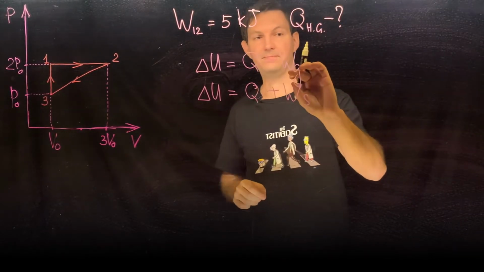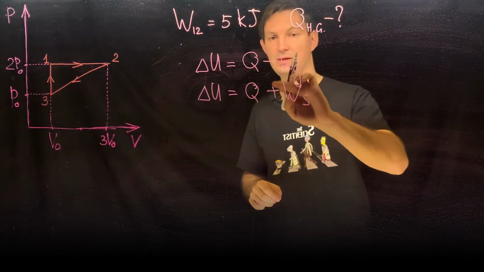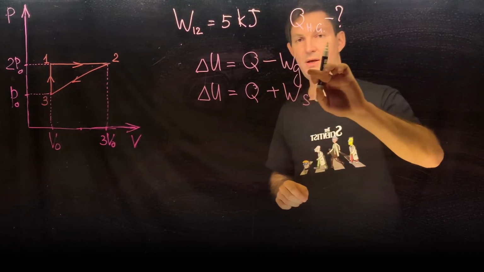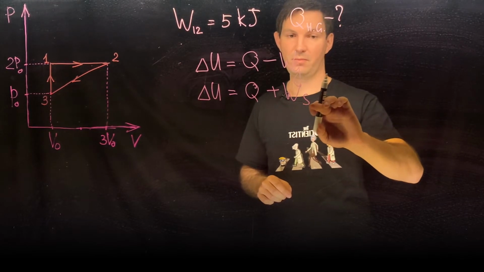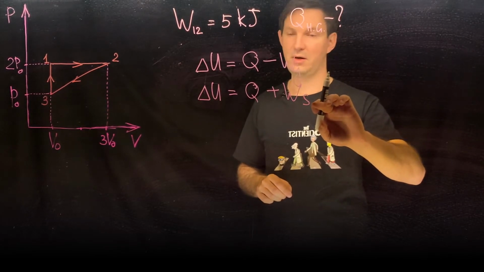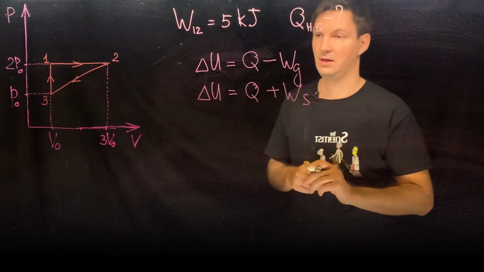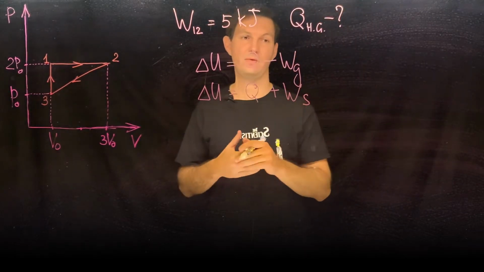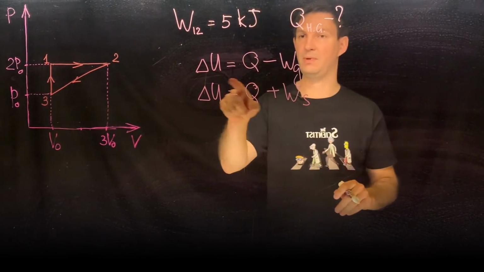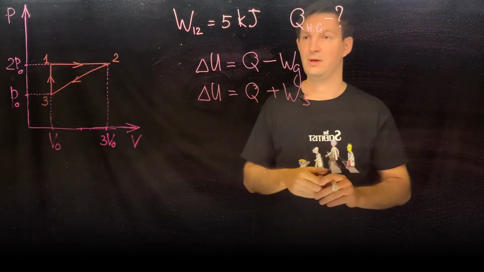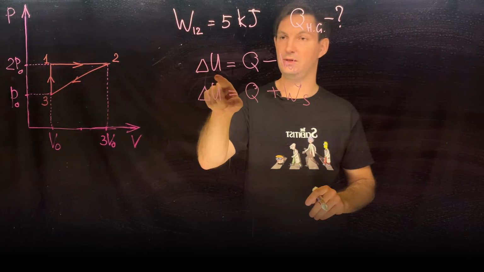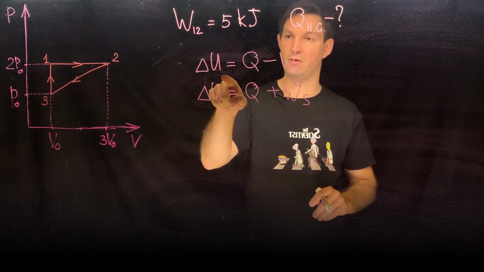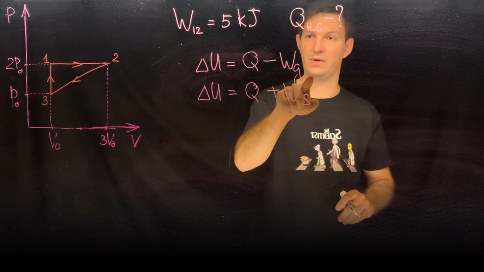Here we see minus work of a gas and plus work done by surroundings of a gas. I would recommend you remember the first equation, because it's related to the gas: delta U, the internal energy of gas, and work of gas.